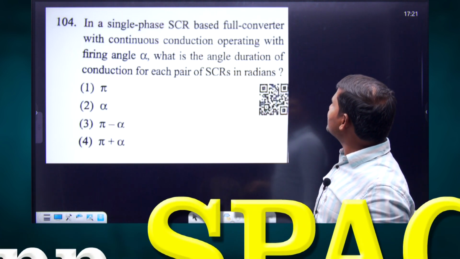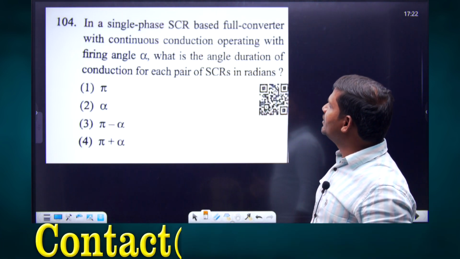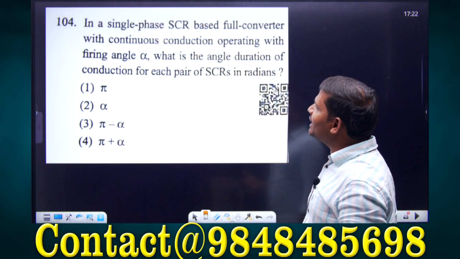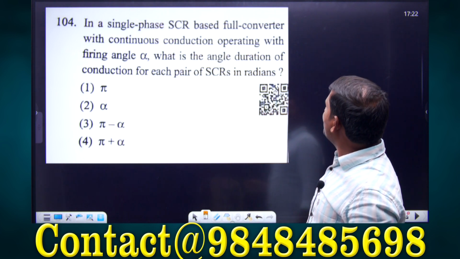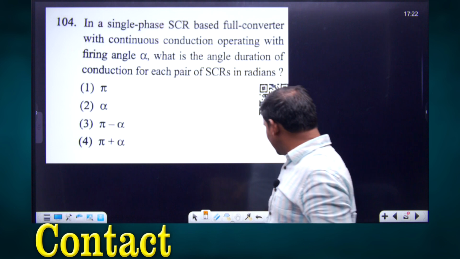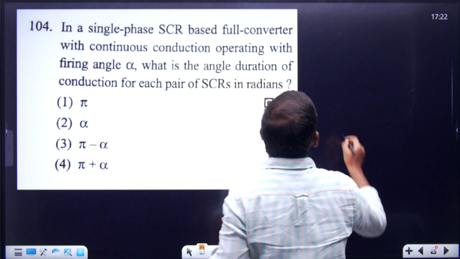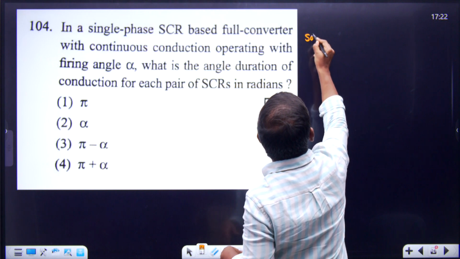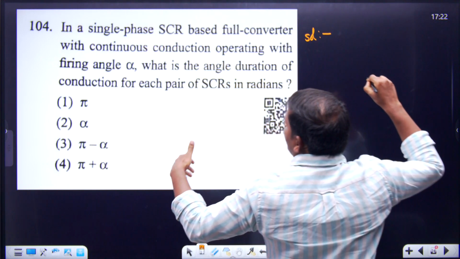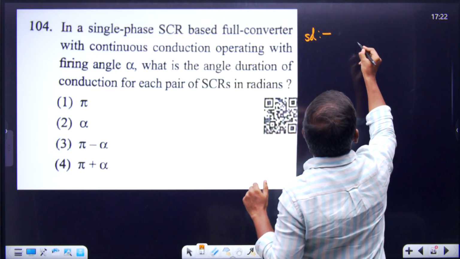In a single phase SCR based full converter with continuous conduction operating with firing angle alpha, what is the angle duration of each SCR? It's very simple. Given is a single phase full wave rectifier operating in continuous mode, students.